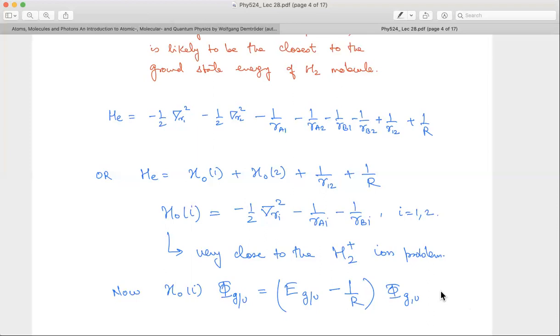Let me just take it as 1 by R and just proceed and see what happens. And if it doesn't give me a molecular bound state, then I'll come back and revise the calculation. Does it make sense? Yes, sir. Yeah. And even by doing this, we find that we get a molecular bound state.